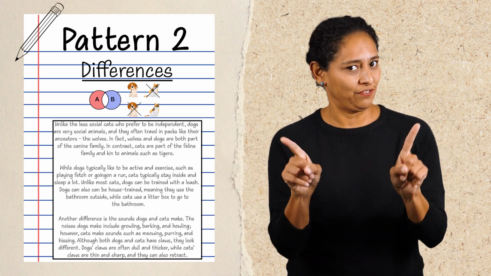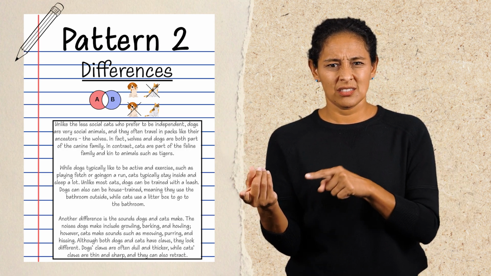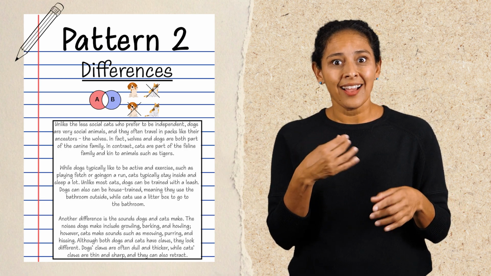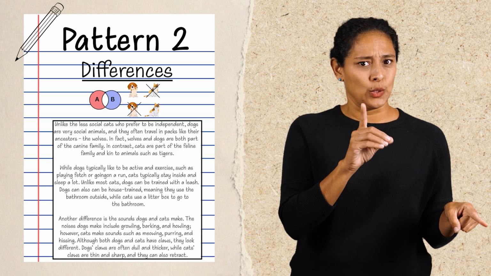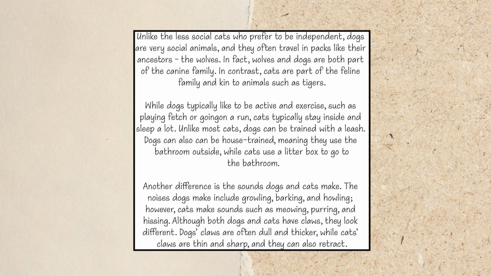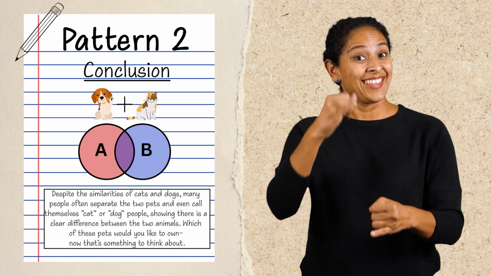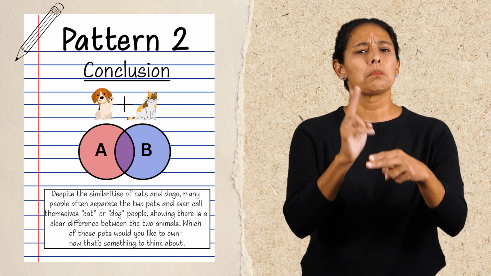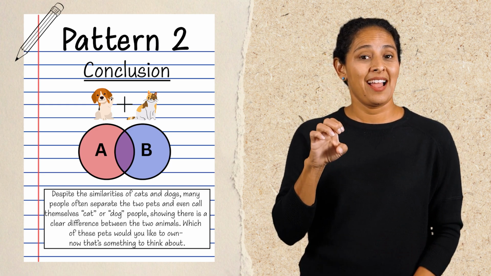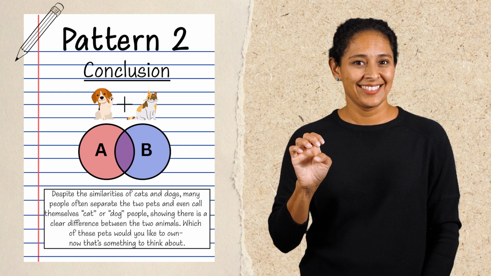Next, I talk about the differences, how dogs do things cats don't do, and how cats do things dogs don't do. Finally, I mention both dogs and cats again and finish my essay outline.